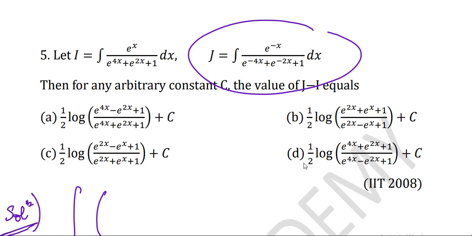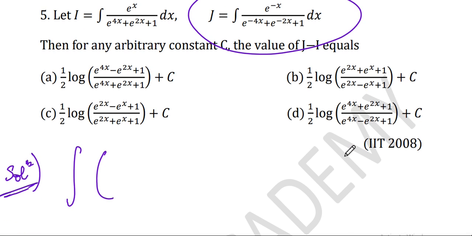What we can do? We have to make the denominators equal first. So how to make the denominator equal? This is the main thing.